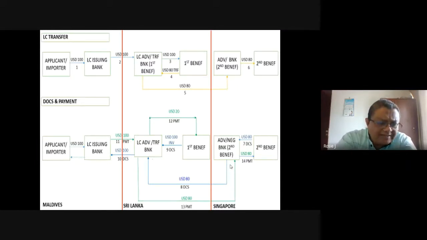But also on the LC, normally when you put details, shipment must be from, say, Hong Kong to Colombo. Normally, if the Sri Lankan were manufacturing, the Maldivian would have put in the LC, shipment must be from Colombo to Maldives.